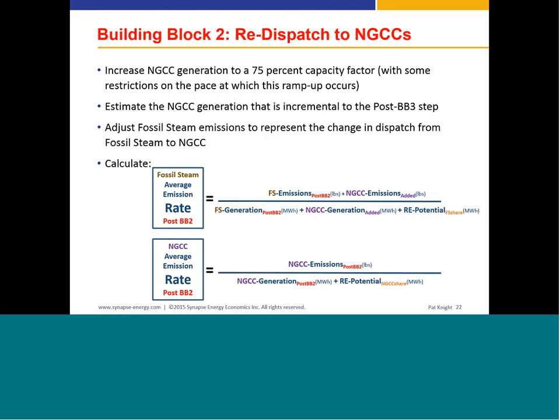And the last piece is NGCC. So here, what we're saying is this equation accounts for all NGCC generation and all NGCC emissions. So this is the only situation in which the denominator increases and the numerator also increases. And at first blush, this might seem like double counting or something like that. It certainly seemed that way to me.